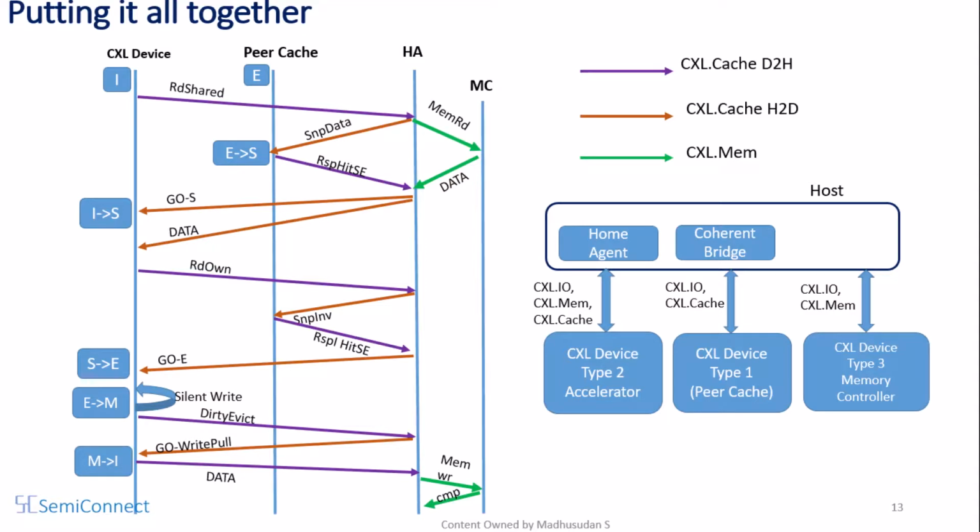The home agent now sends this GO-S H to D message to the CXL device, and as a result, the CXL device moves that particular cache line to the shared state from the invalid state, and the home agent also, through the response, sends the data that the CXL device requested. I'll give it a couple of seconds so that it can sink in.